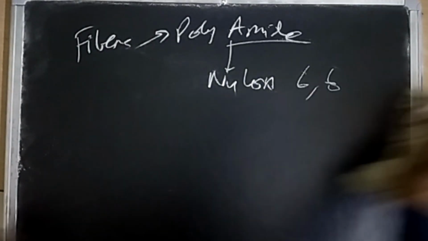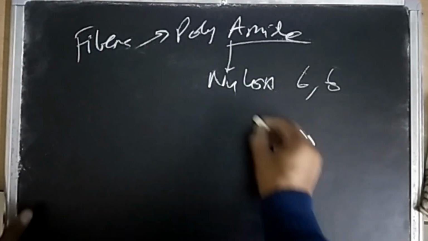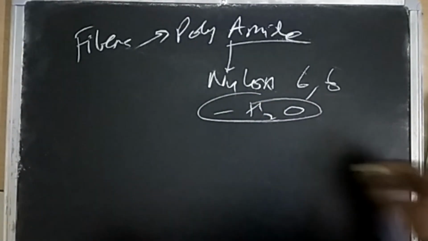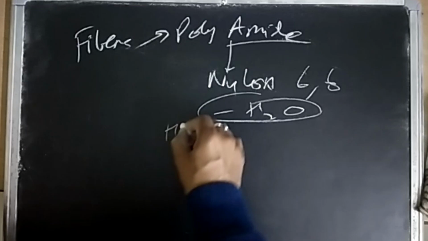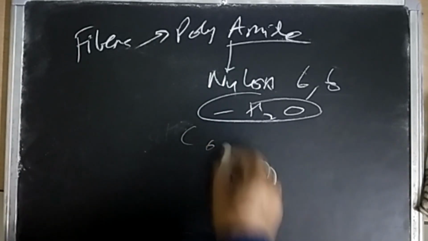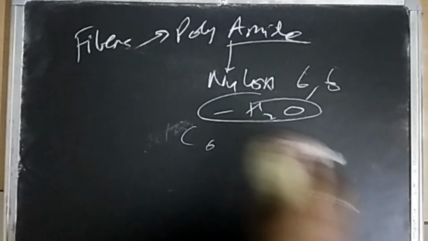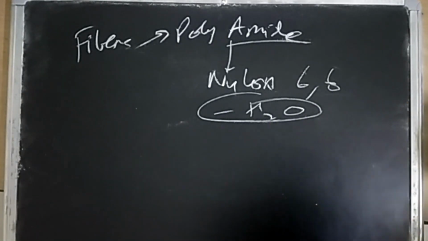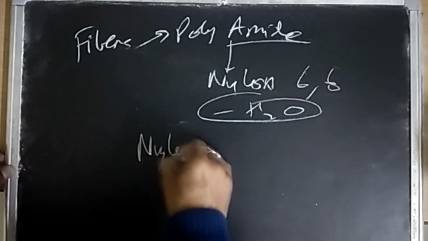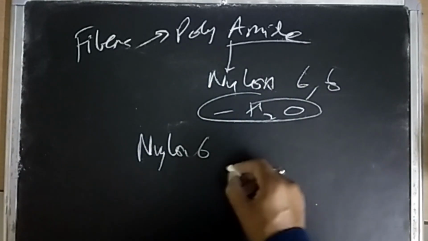These two create nylon, minus H2O, so water is removed. Adipic acid has 6 carbons, and hexamethylene also has 6, and from both we have nylon 6,6.